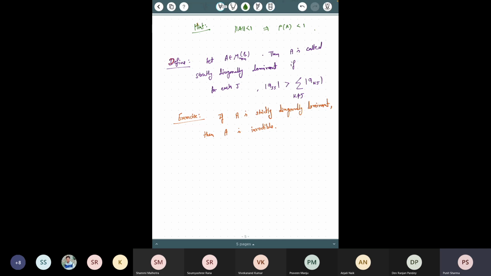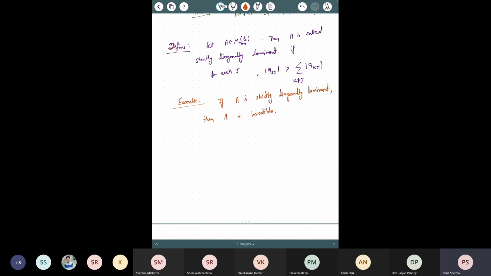So let me write a result here. In this result itself, it will be clear when we can say that A to the power k is tending towards 0. Suppose that we have a matrix A of size n cross n.